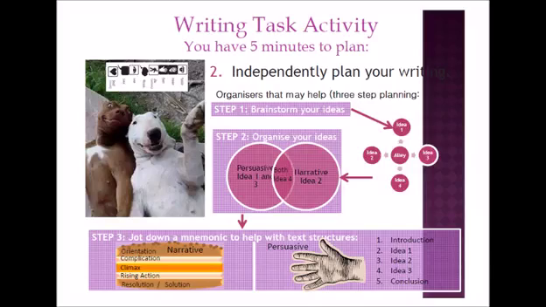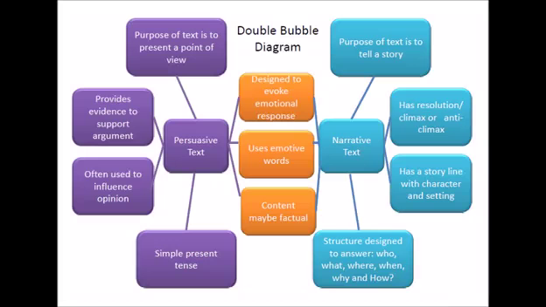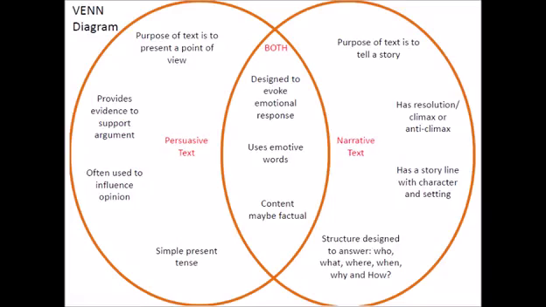After the brainstorming, the organising is probably the most important part of the whole writing process. As our main focus these days tends to be around narrative or persuasive writing, these are the focus areas. The previous bubble diagram was a compare and contrast of both narrative and persuasive writing.